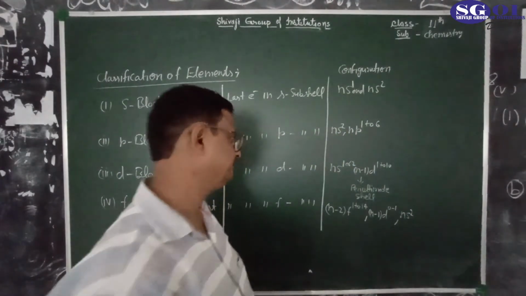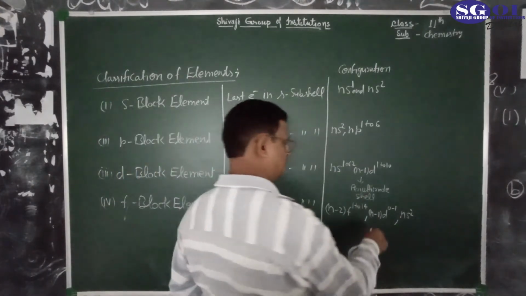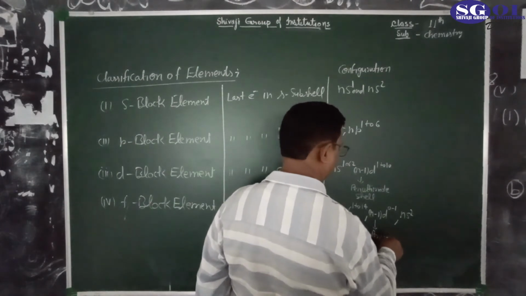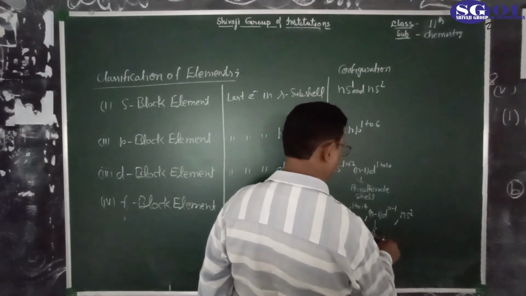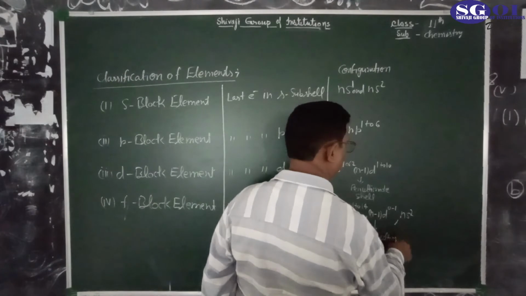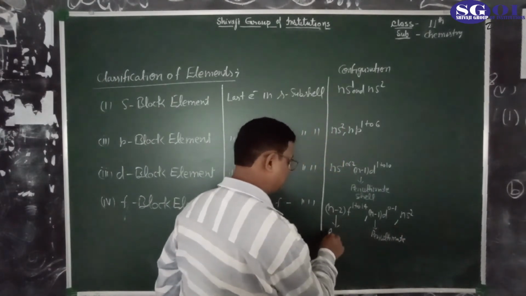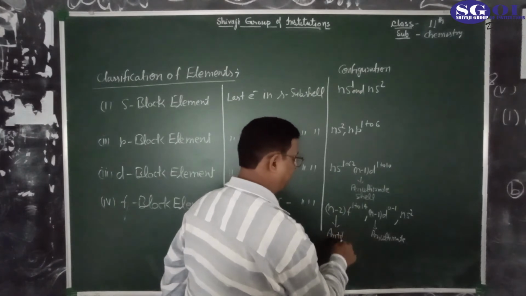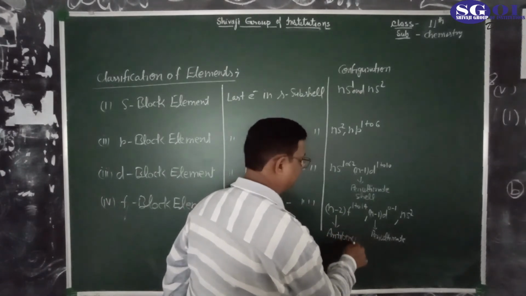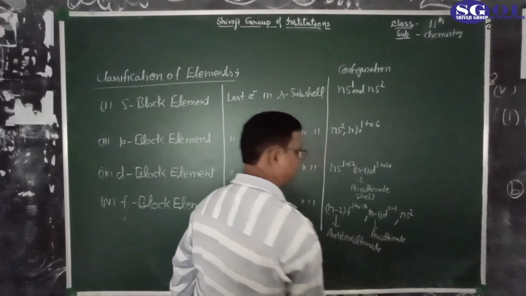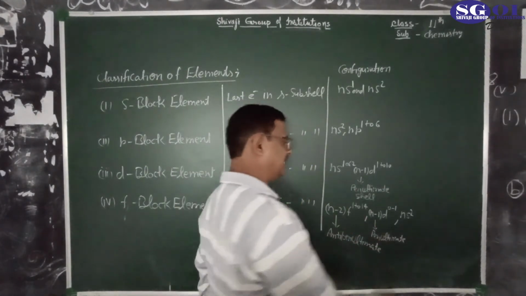Here n minus 1 is the penultimate shell, and n minus 2 is known as the anti-penultimate shell. n is the outer shell.